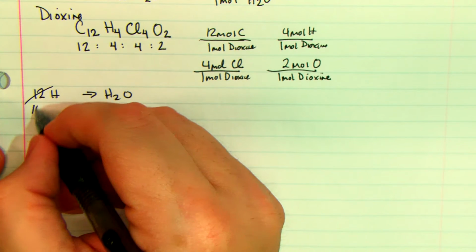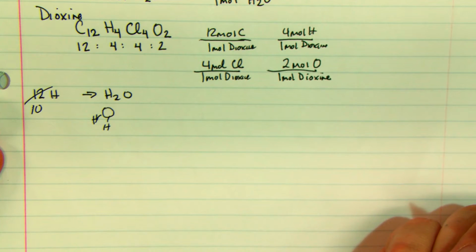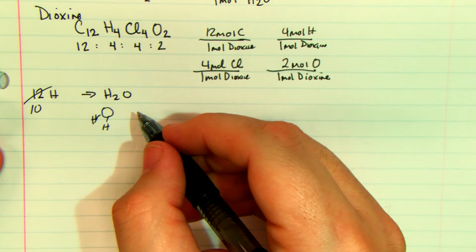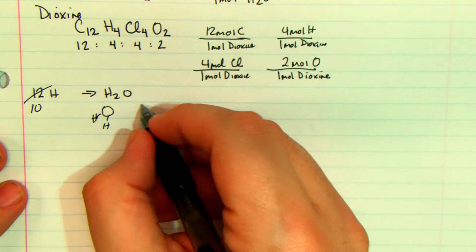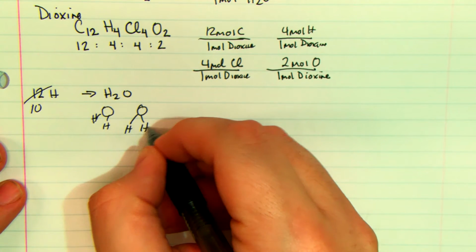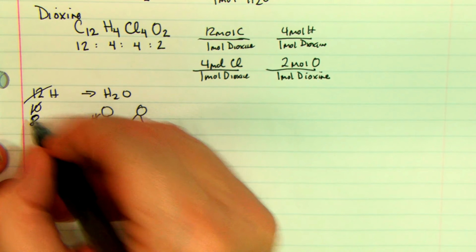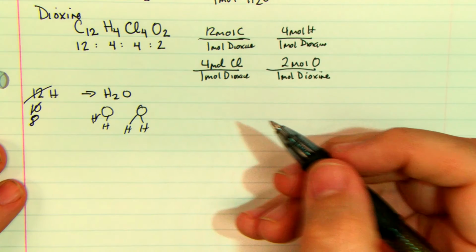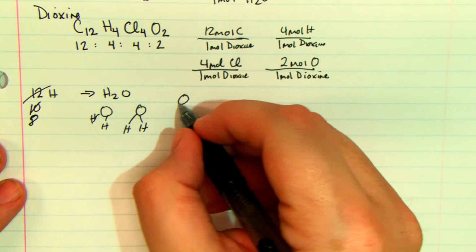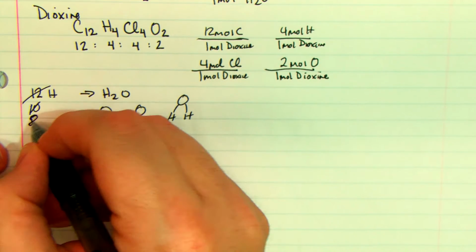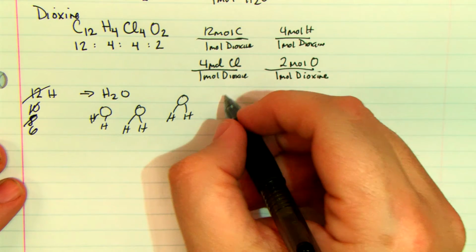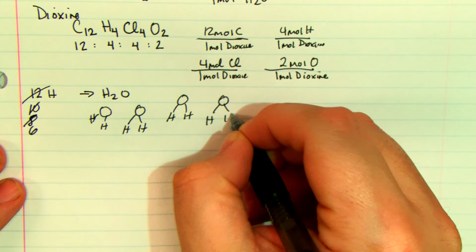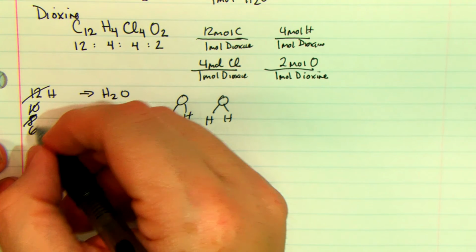So can I make another one? Let's say I have enough oxygen to actually make it. So I can make another one. So now it's down to 8. Can I make another one? Yeah, oxygen and 2 hydrogens. So that's down to 6. Can I make another one? Oxygen, 2 hydrogens. So that's down to 4. Can I make another one? Yeah.